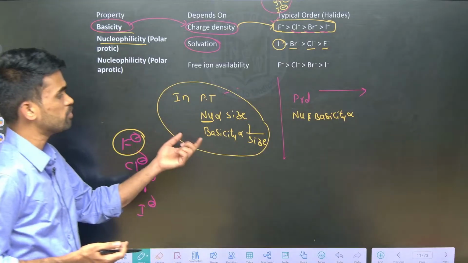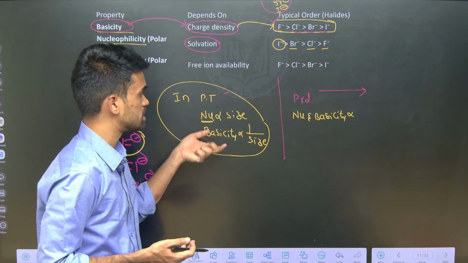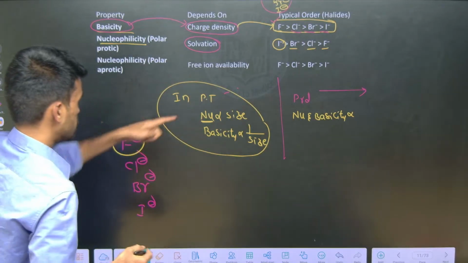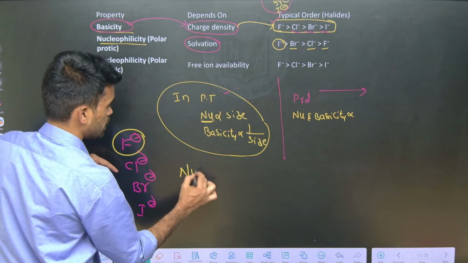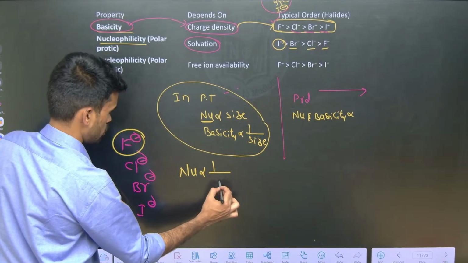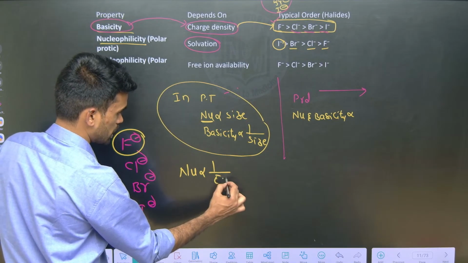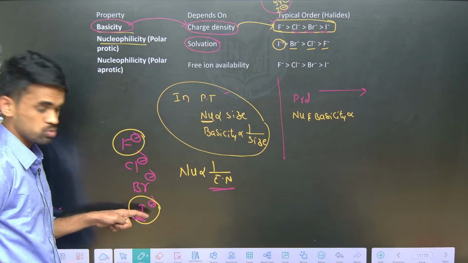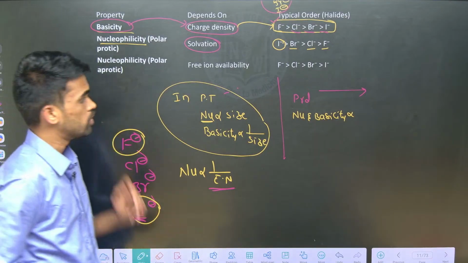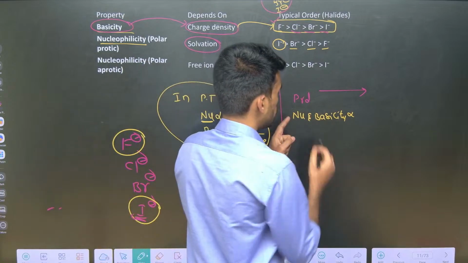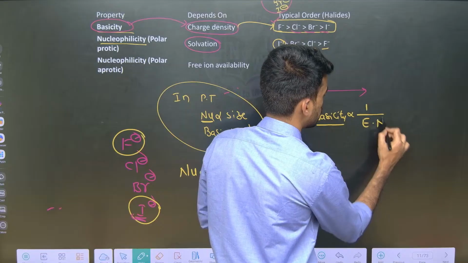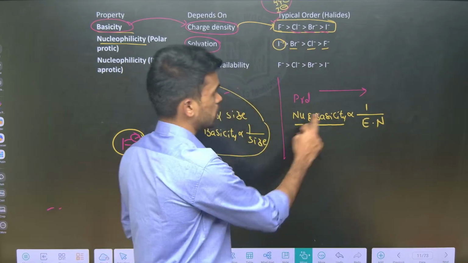Okay, so why I am giving these relations is, based on this you can expect theoretical questions. Nucleophilic nature is inversely proportional to electronegativity, because the electronegative species is less nucleophilic. Remember, here nucleophilic nature and basicity are both inversely proportional to electronegativity when you are talking in the periods.